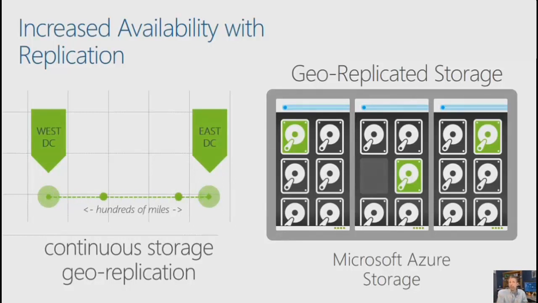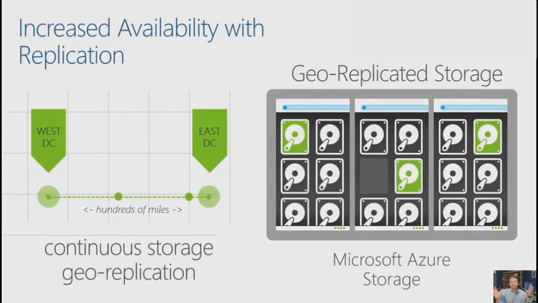With geo-replicated storage, not only do we get the 3 synchronous copies in our local Azure data center region that we provision the storage account in, but we have 3 additional copies that are asynchronously replicated to a remote Azure data center region hundreds of miles away. So in the event of a big disaster and that primary data center region becomes unavailable for whatever reason, your data is safely being replicated over to that remote location.